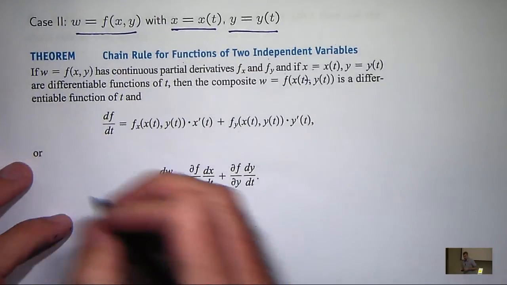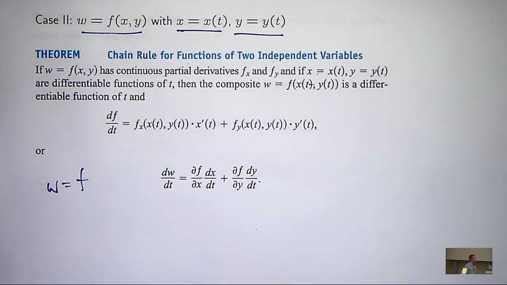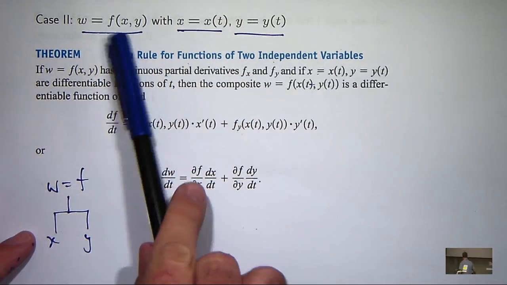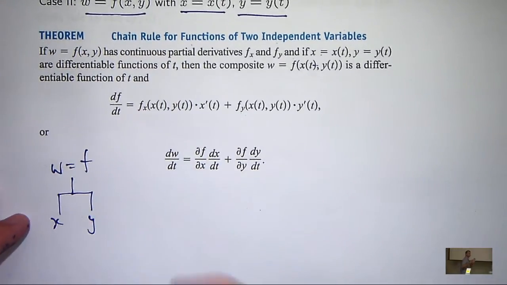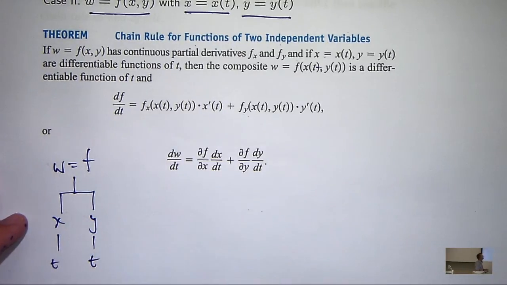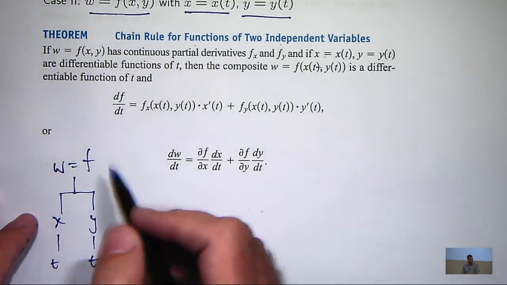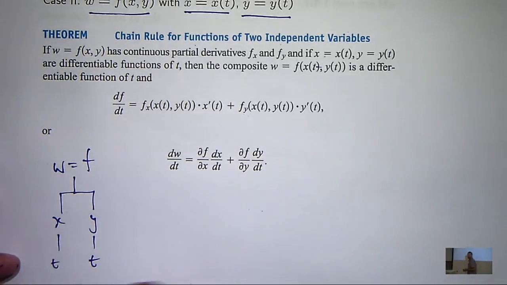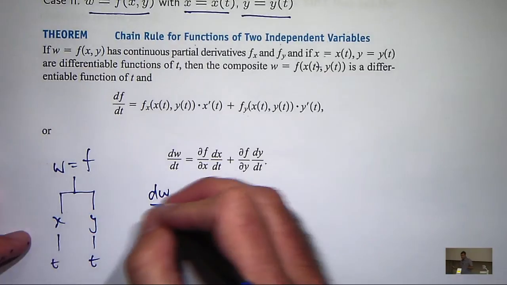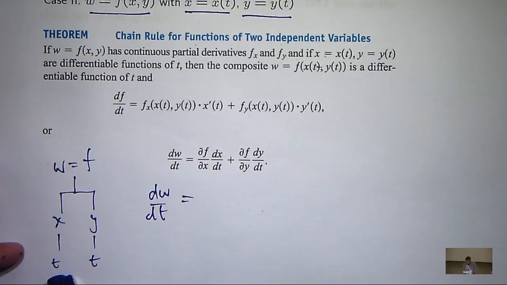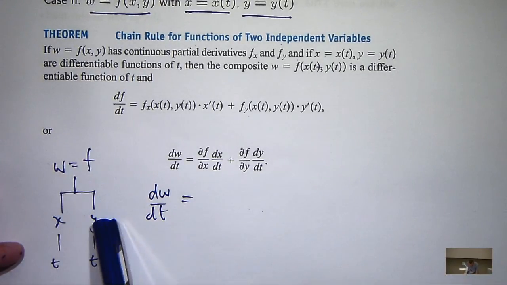So if I wanted to form the chain rule, I note that F depends on two things, x and y, and each of these depend on t. So all I do is to get df dt or dw dt, whatever you want to call it, I work down both columns because they both lead to a t. So it's df dx times dx dt plus the other column, df dy times dy dt.